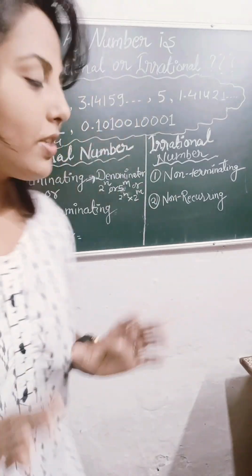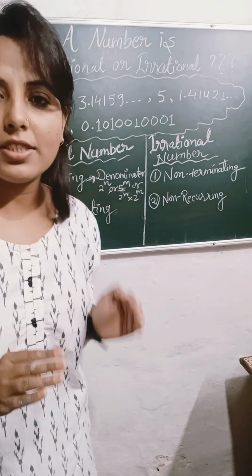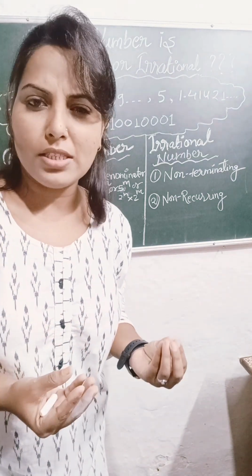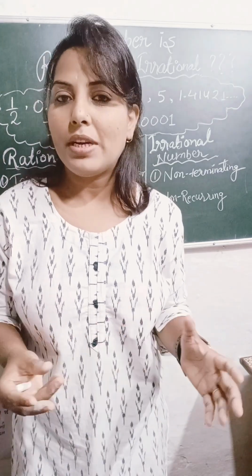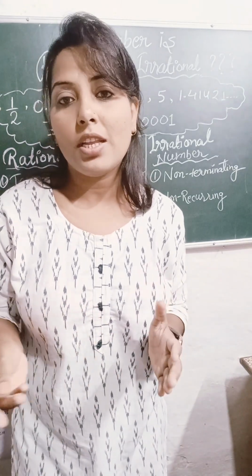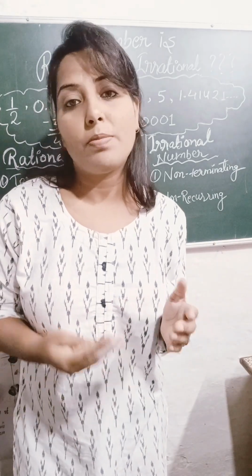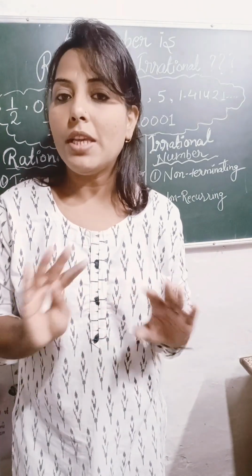Okay, so now the first one is rational. There are some conditions for how we can check whether a number is rational or irrational. As you know, the definition of a rational number is that a number can be written in the form p by q, where p and q should be integers, and q, the denominator, should not be equal to 0.